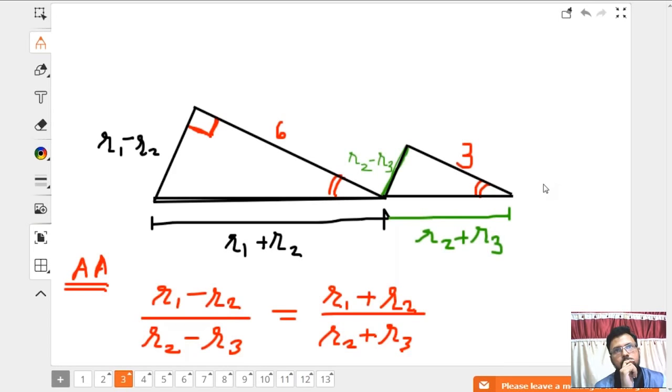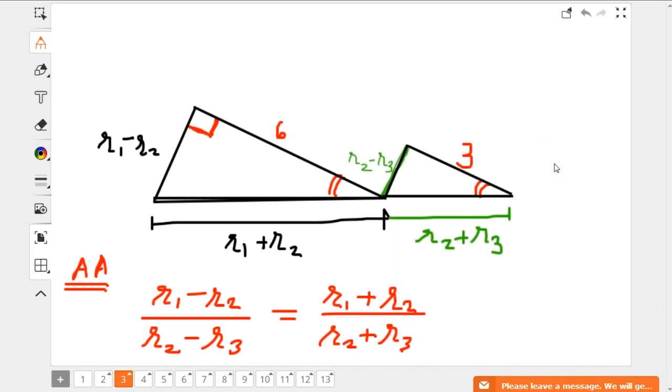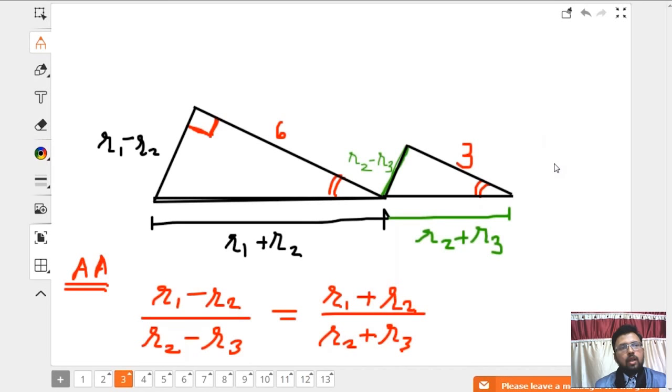Yeah, is this clear? Okay, now we need to take the transpose, because it is generally a bit easy to solve if we have plus signs in the numerator and negative signs in the denominator.